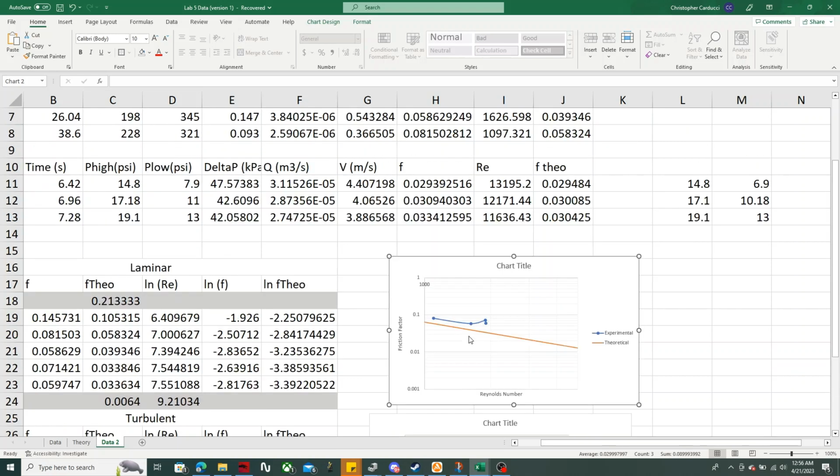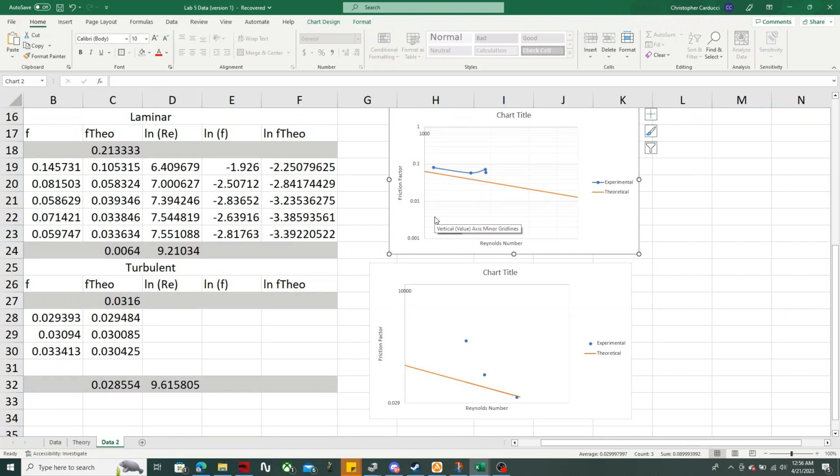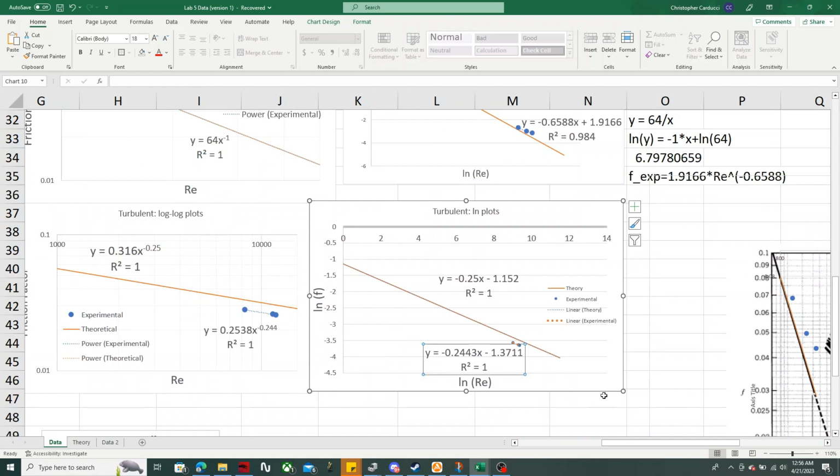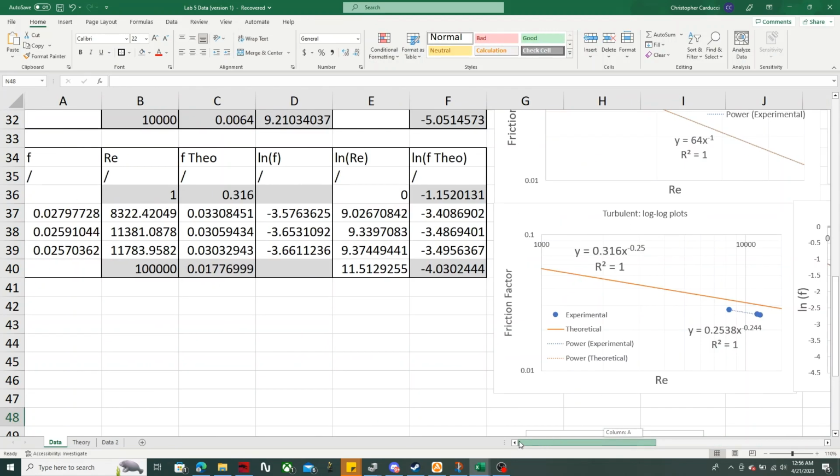Could be a lot of factors, but please don't just say human error, okay? Say there was an error in recording because of X or Y, or maybe the transducers were failing, something like that. But please don't say human error, okay? Usually when you say human error, that implies that you were not competent enough to do the experiment properly. So that's why we typically say, never say human error, right?